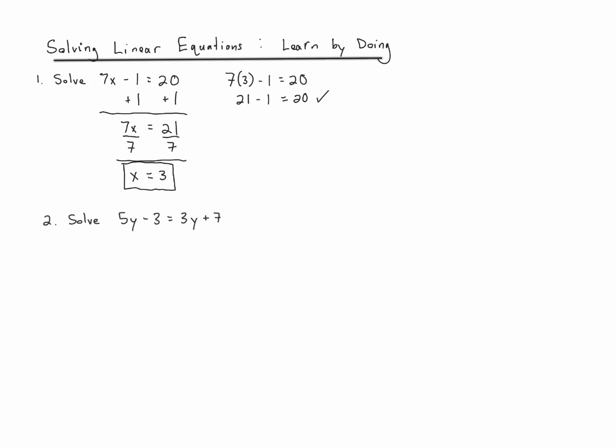Solve 5y minus 3 equals 3y plus 7. There are several ways that we could go about solving this equation, but we have variables on both sides of the equal sign, and so I want to focus on that first. Our goal is to get the variable alone on one side of the equation, and so here we've got the variable on both sides.